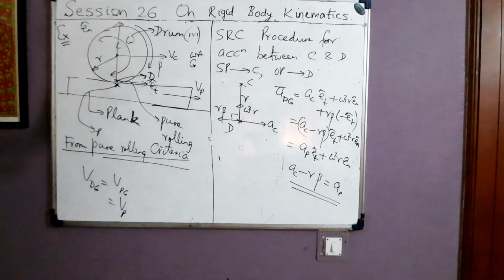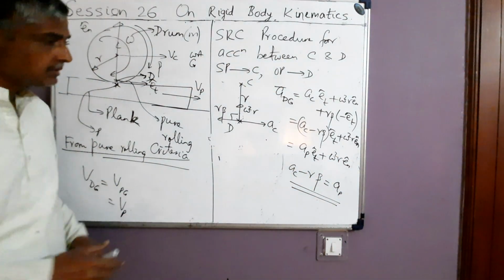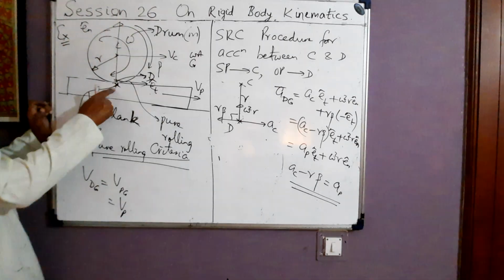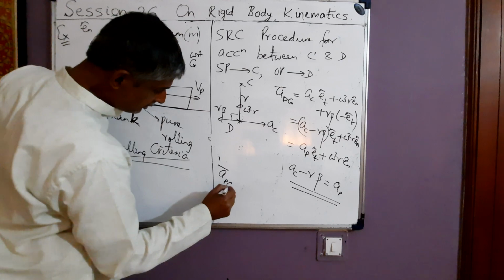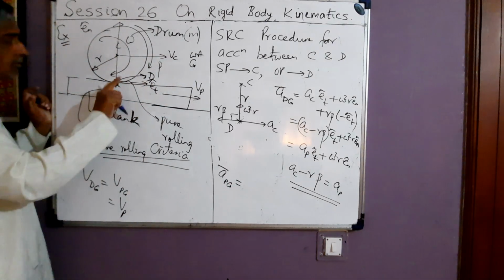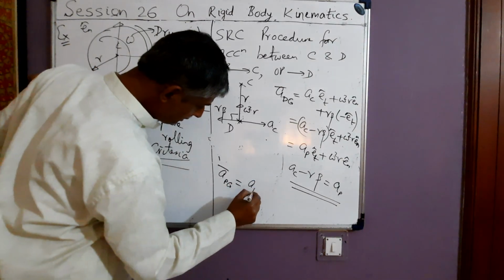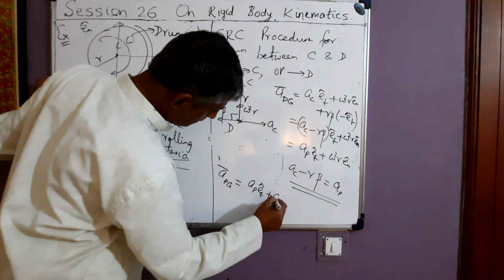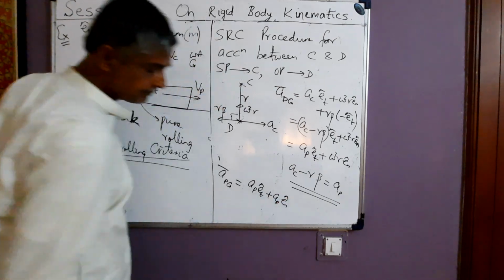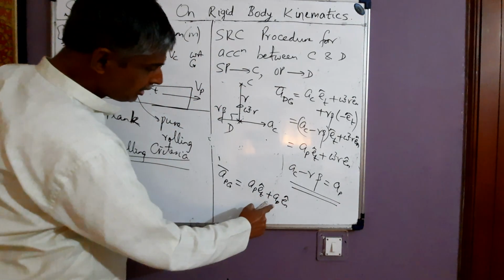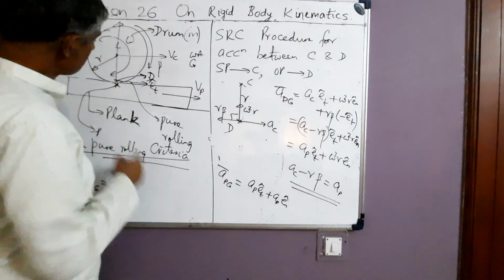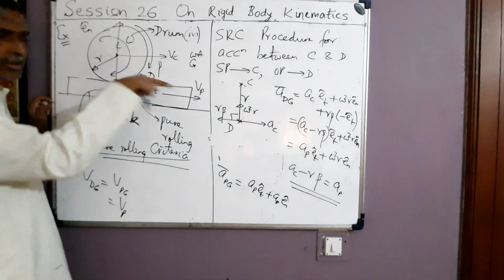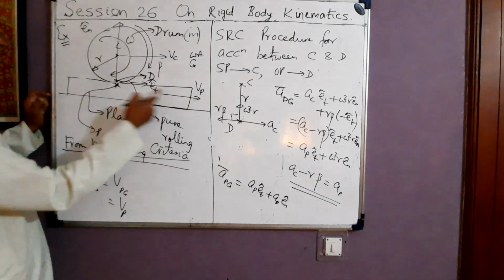So what does this mean? If you see the point P of the plank, acceleration of point P with respect to ground has a component in ET and a component along EN. EN hat is the unit vector along normal, but P is moving in a straight line, so it has no acceleration in the direction normal to ET.